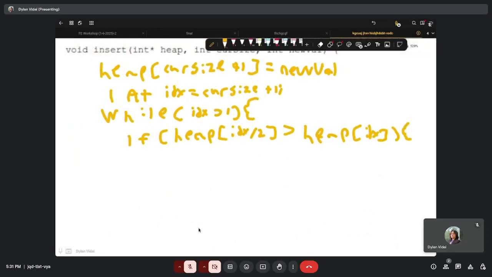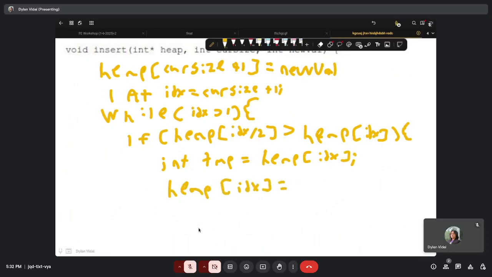Now to perform a swap without the swap function, we could just write temp is equal to where we are currently, and then where we are currently could be swapped with the value where our parent is, and then where the parent is could be swapped with temp.